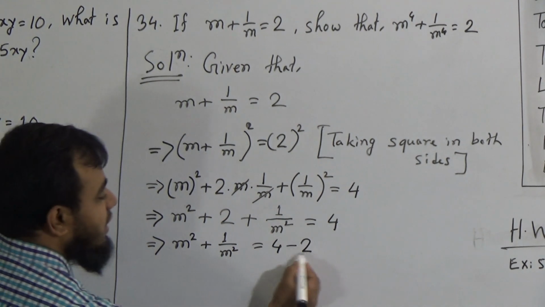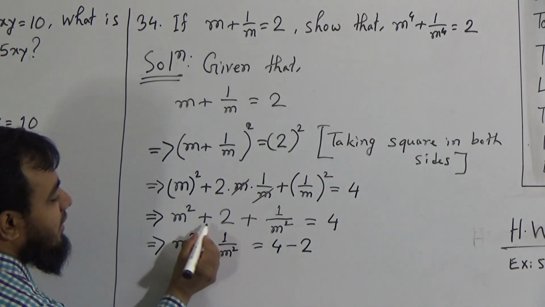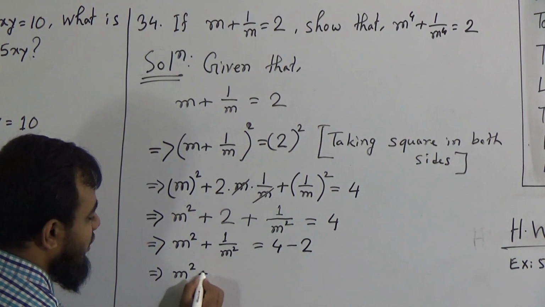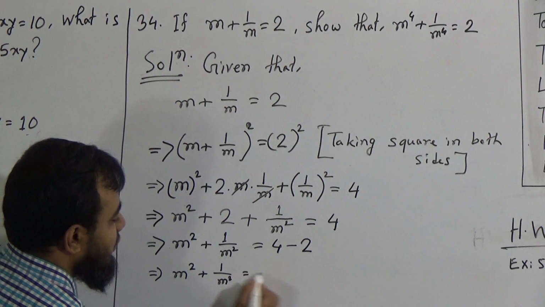That means we write m square and 1 by m square, and we transfer this plus 2 to the right side, where it takes a minus sign, because 2 had a plus sign before. Now it's very easy: m square plus 1 by m square equals 2.